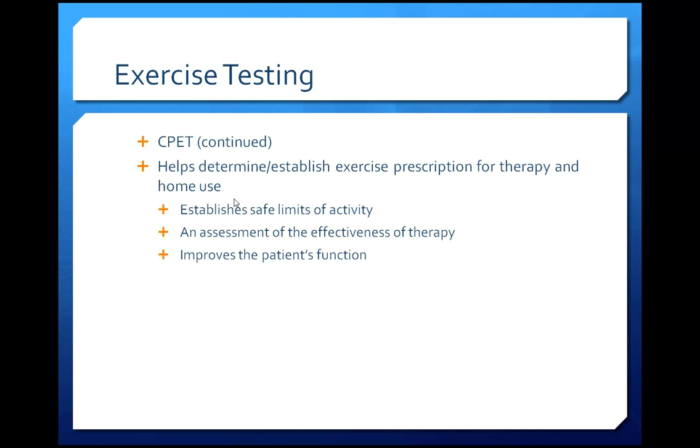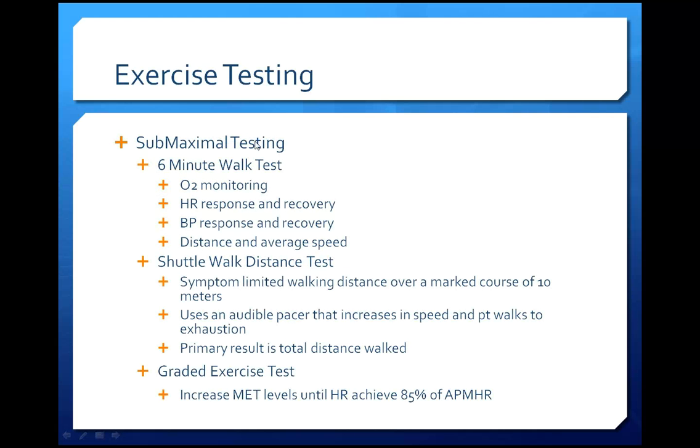You can see their peak VO2, their peak oxygen uptake, and their heart rate, and from there you can use formulas to come up with a target heart rate for that particular person. This is to increase aerobic capacity. Then there's submaximal testing, which we're more familiar with in the clinic: the 6-minute walk test, the shuttle walk test, and a graded exercise test.